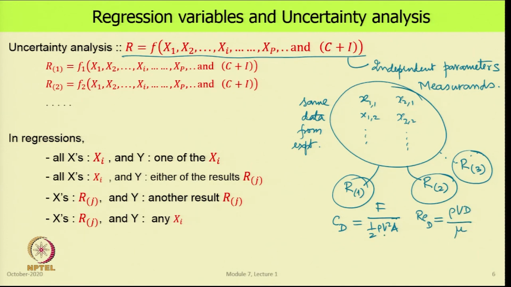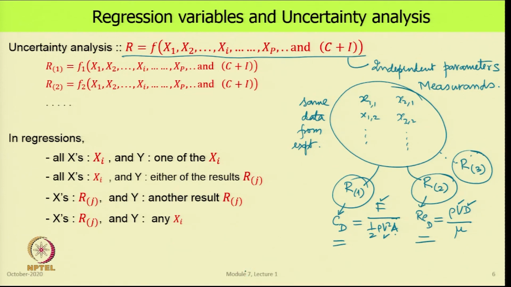In the experiment, we measured velocity, we measured area, which also gave the diameter, and we measured the force. From the same data set, we took rho, V and D and got drag coefficient. We took only V and D and got Reynolds number. So, we could think of drag coefficient as result formula number 1 and Re_D as result formula number 2.